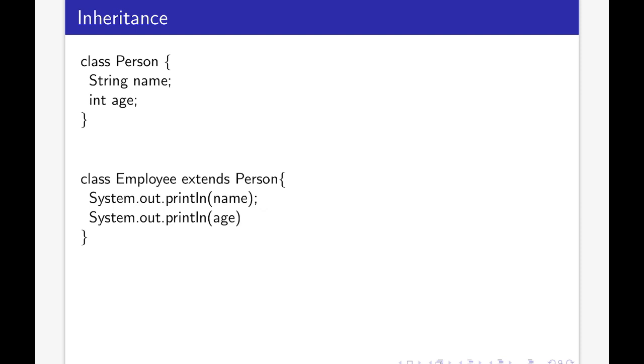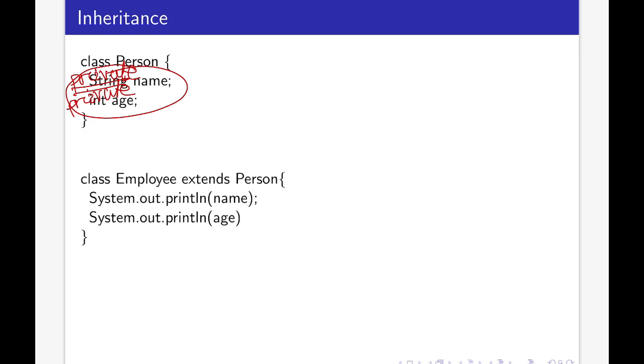Now if we write private here, that means private String name, and similarly here also private int age. If we write the private access specifier, then we know that private attributes can only be accessed within that class only. We have already discussed this concept.